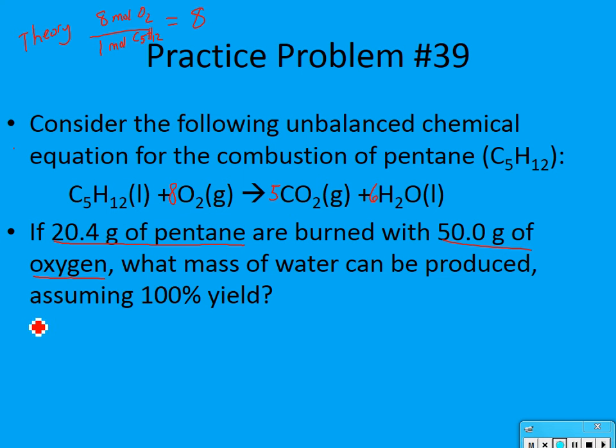Okay. Now let's see what we actually have. Let's start with pentane. 20.4 grams of C5H12. Let's take that to moles. Can somebody figure out the molar mass of pentane for me real fast? 72 grams of C5H12. Does anyone else confirm that? Okay. In 1 mole of C5H12.